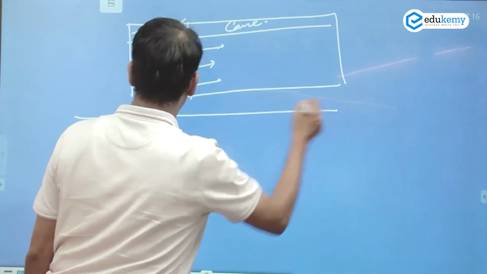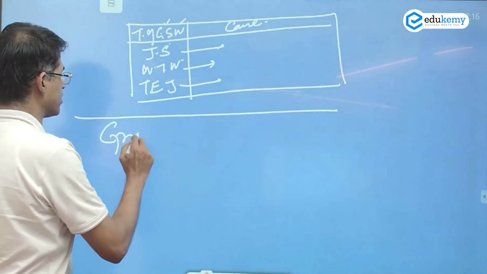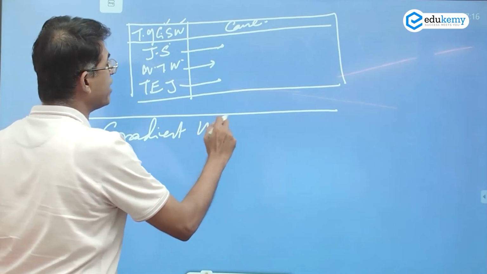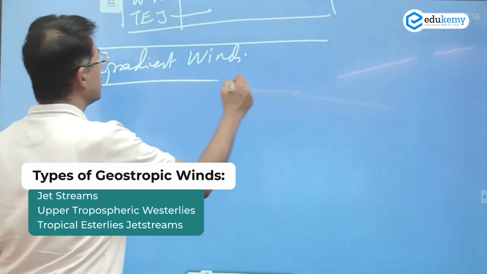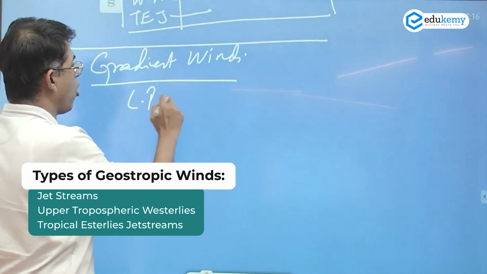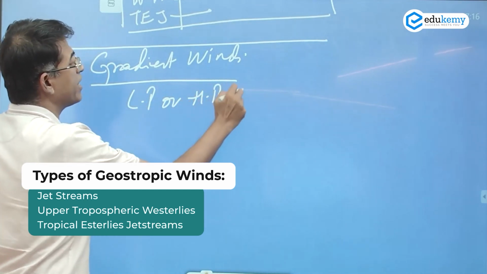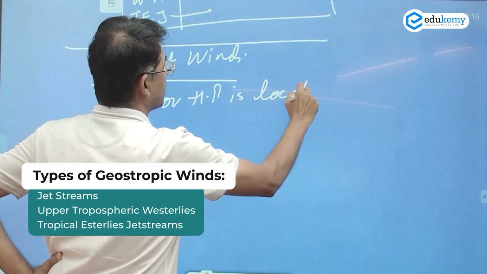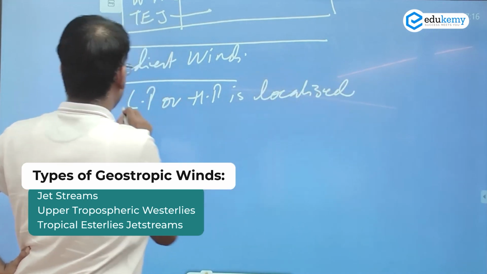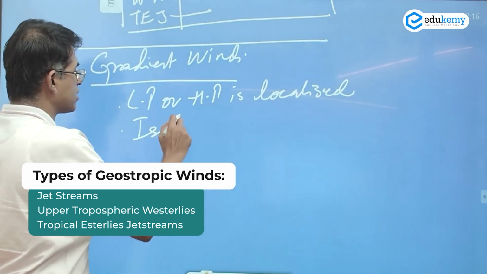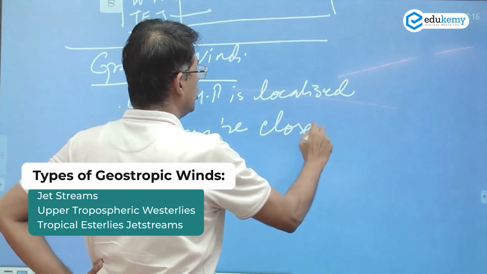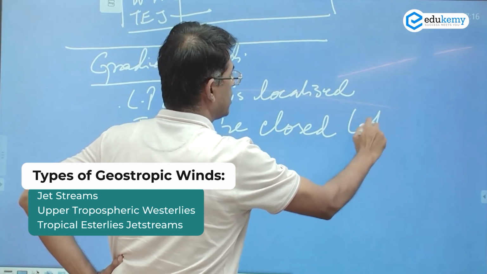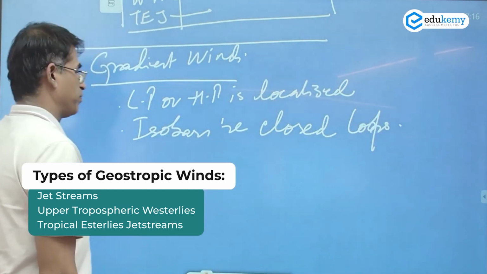Then you can talk about what gradient winds are. So in gradient winds, what happens is that the low pressure or the high pressure is localized. It is localized. The isobars are closed loops. These are closed loops.